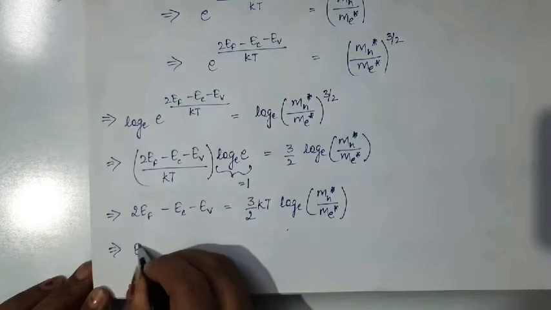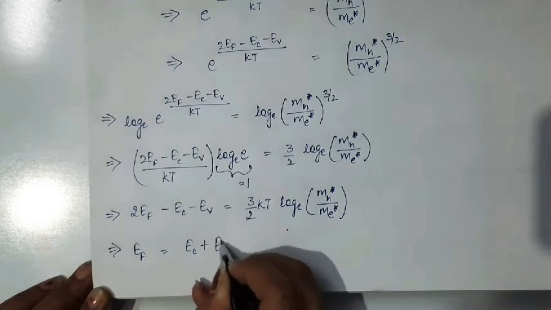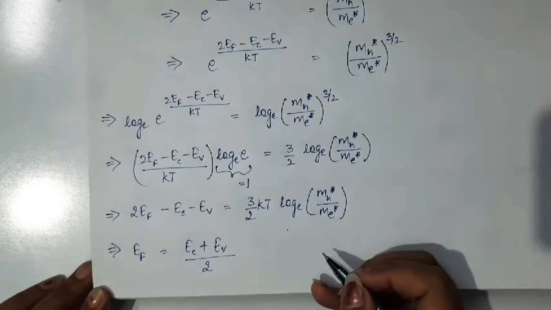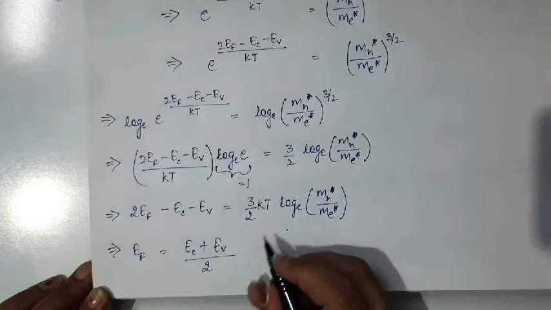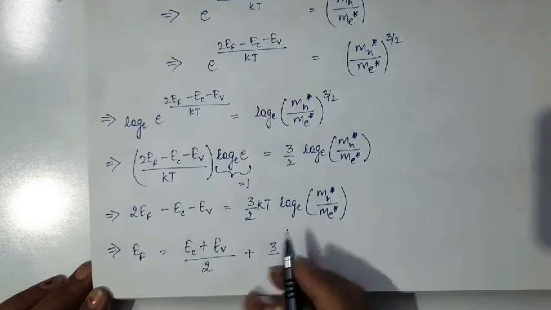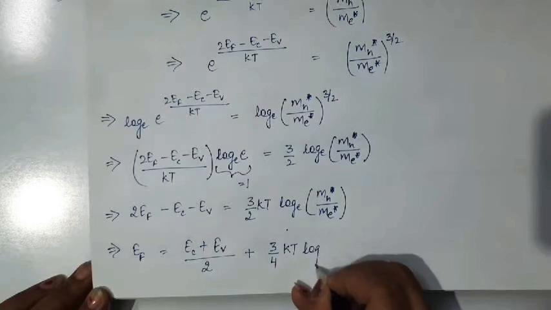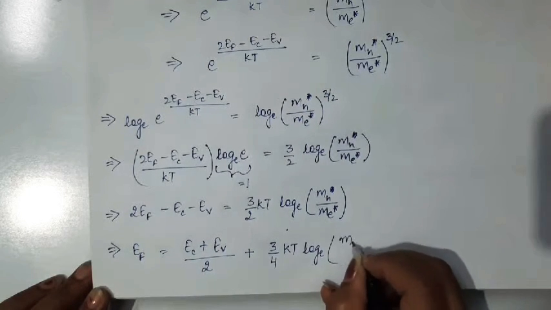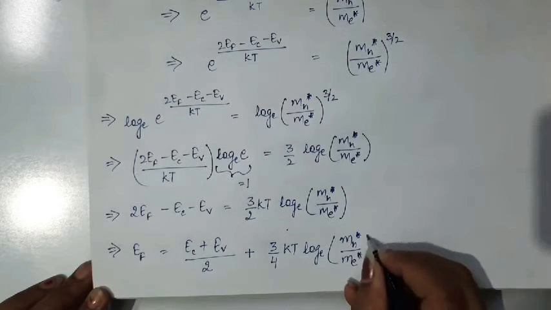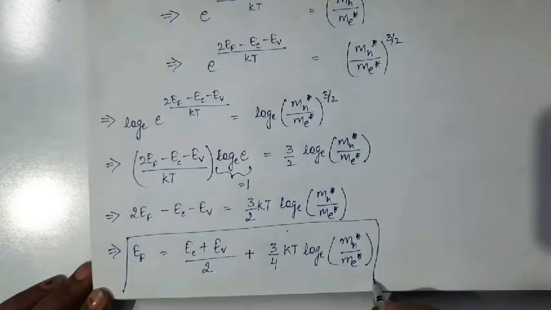So we will have EF equal to EC plus EV, this 2 will be in the denominator on the right hand side, plus 3 by 4 KT log to the base e of MH star upon ME star. This is the required expression for the Fermi level.